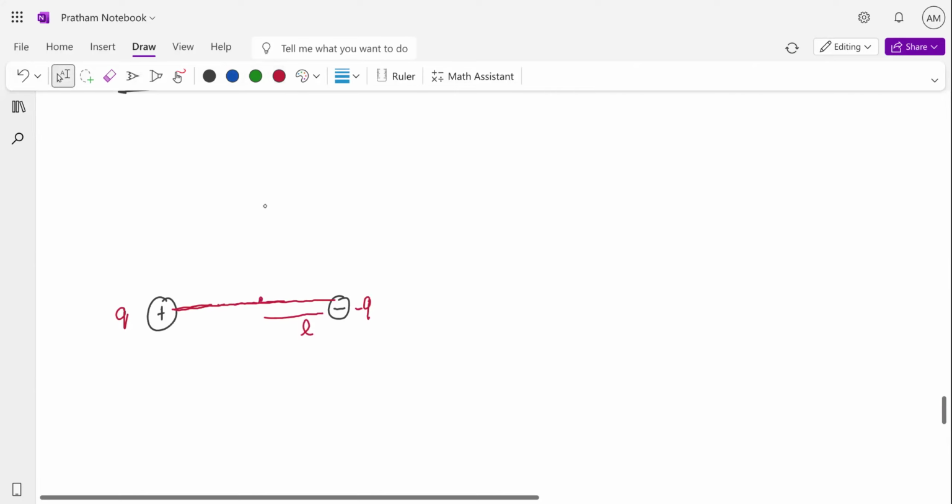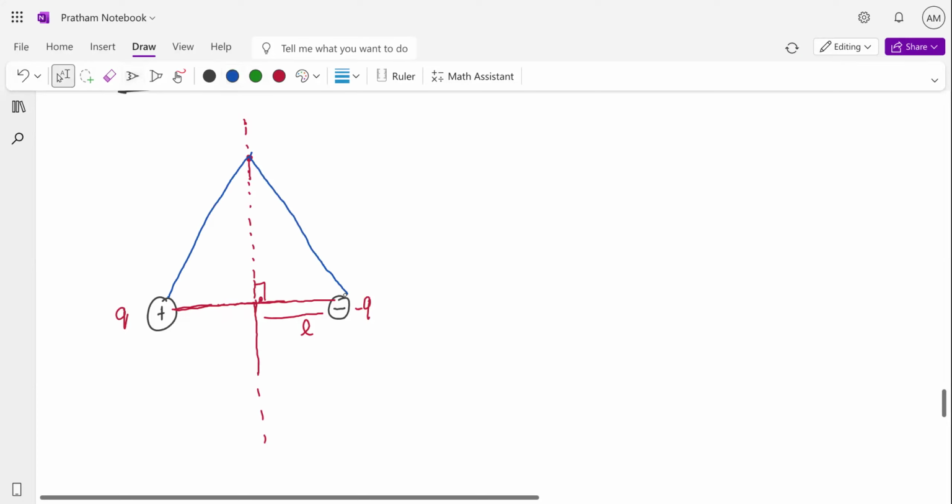So what is your equatorial? It will be the perpendicular line bisecting the line joining your dipole. Equatorial axis, or you can say 90 degrees. So you may have to calculate the electric field at any point here. Let's say this is the point, so I can join it easily to this and this.